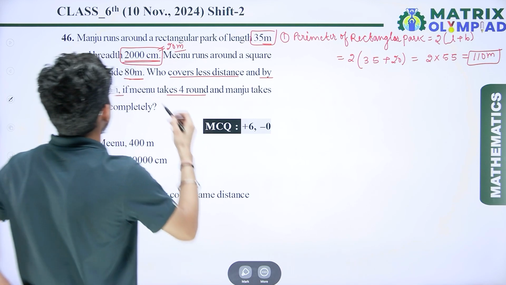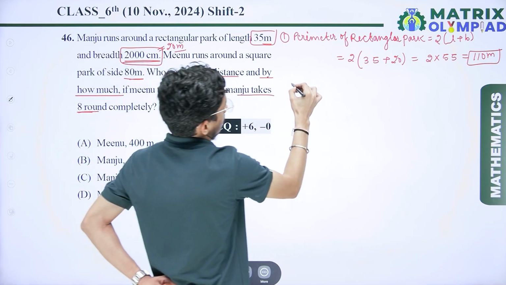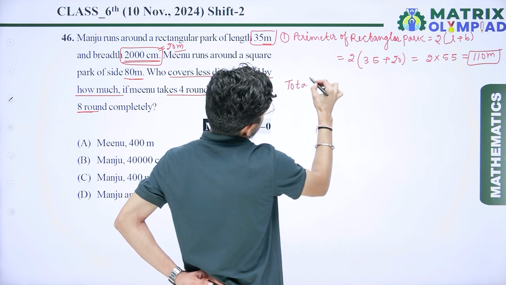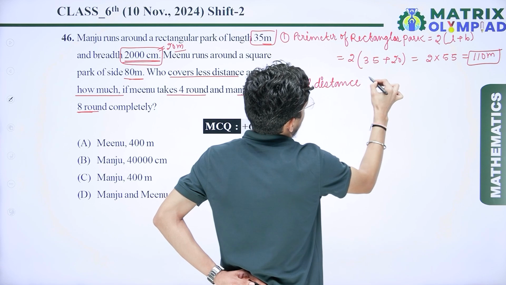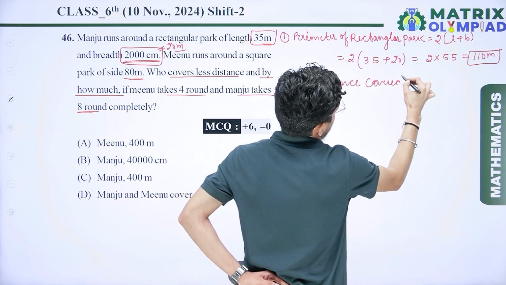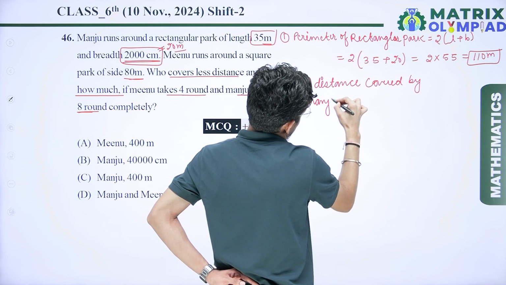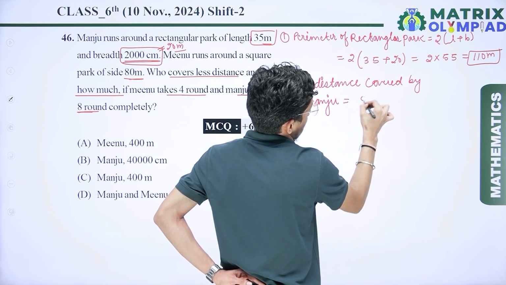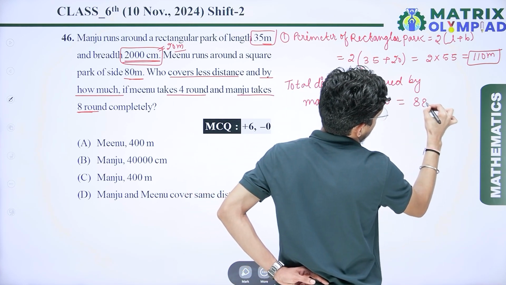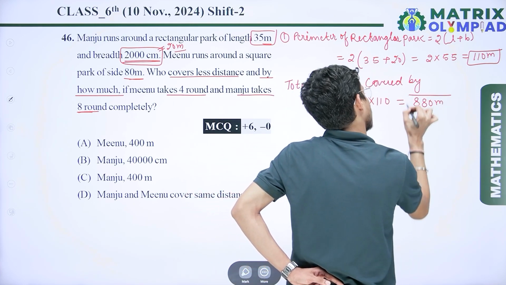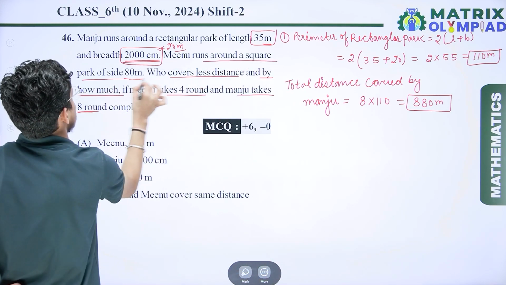And Manju takes 8 rounds. So the total distance covered by Manju is 8 multiplied by 110, that is 880 meter. Now Minu runs around a square park of side 80 meter.